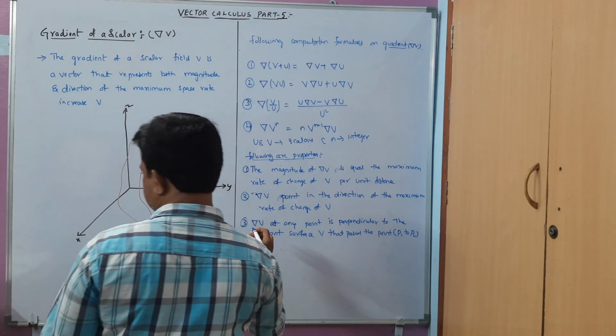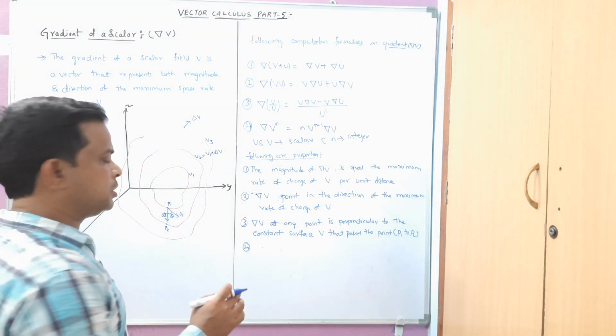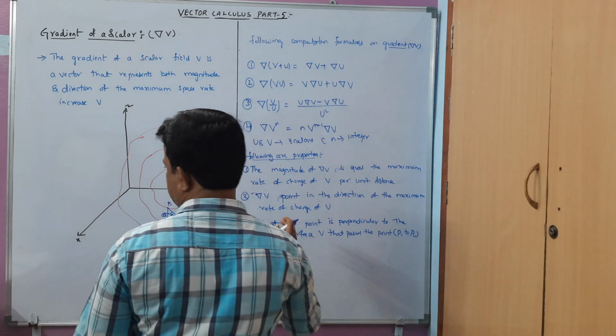Next, the fourth point, the projection. So you know the scalar projection and vector projection also. Here we are going to take the projection of del v in the direction of a unit vector.